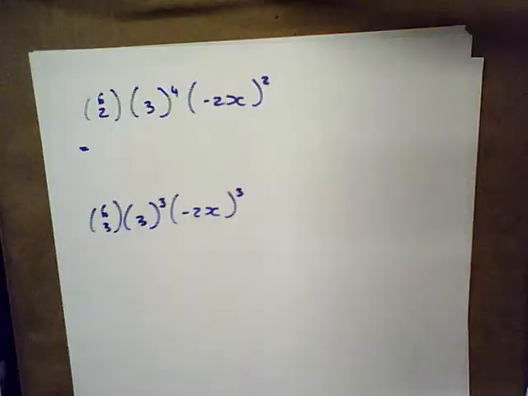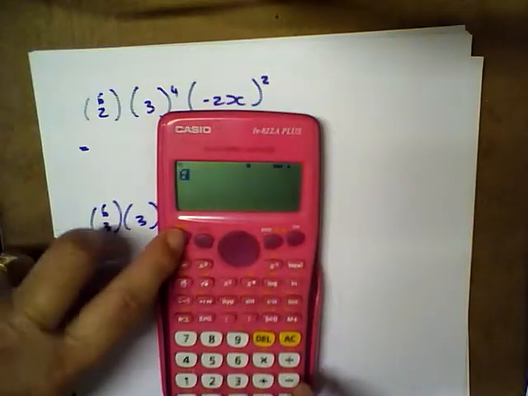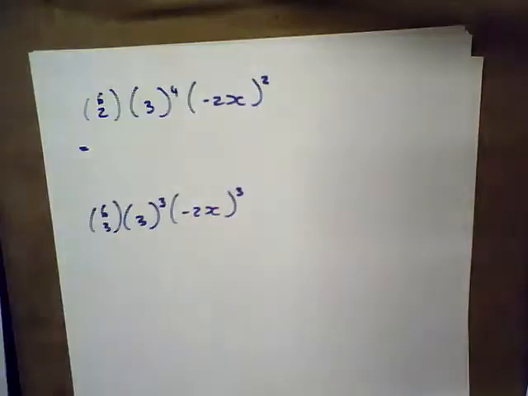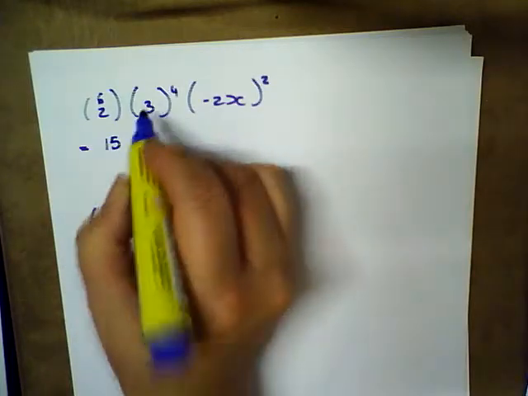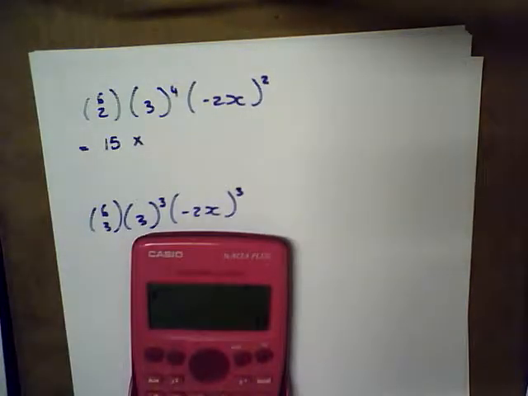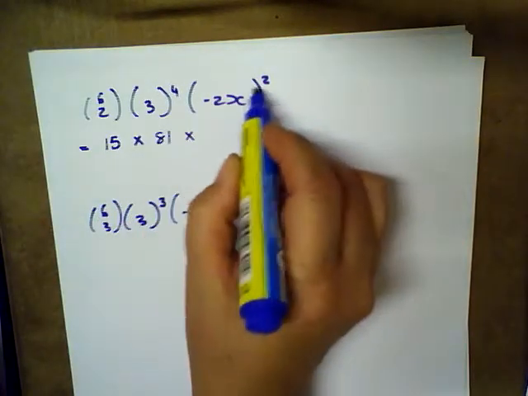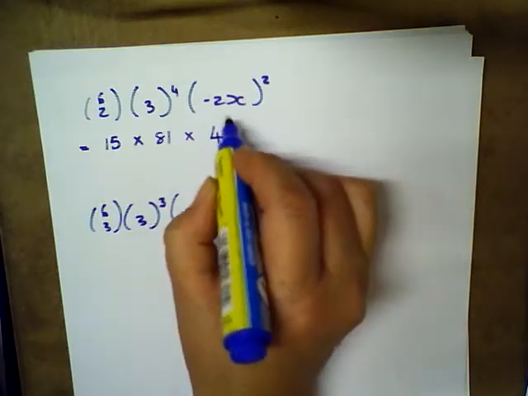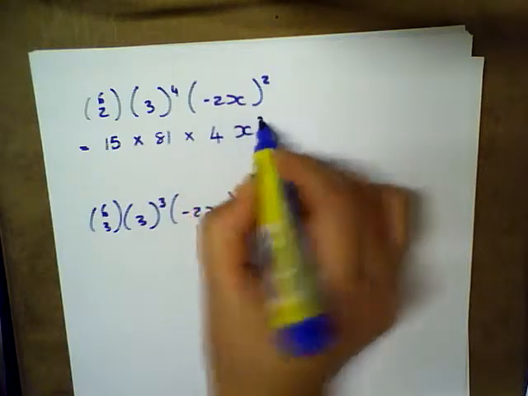Either use your calculator or use Pascal's triangle. 6C2 would give us 15. So the coefficient would be 15 times 3 to the 4th power, which is 81, times (−2) squared, which is 4, positive, because a negative times a negative is a positive, and we will have x squared.